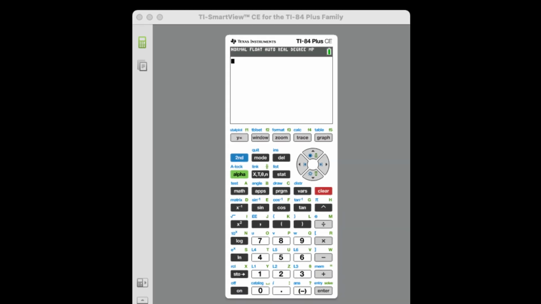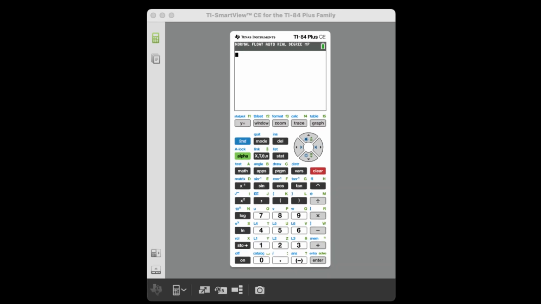Might have to Google. Sometimes there's a function on this thing that has symbolic. Should I Google that? TI-84. Simplify a fraction on a TI.